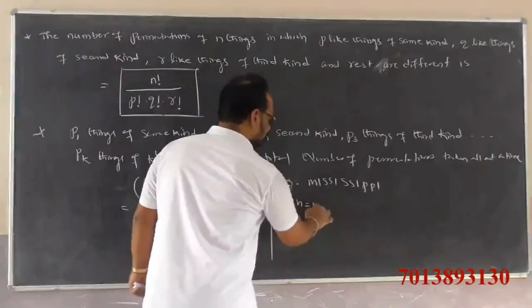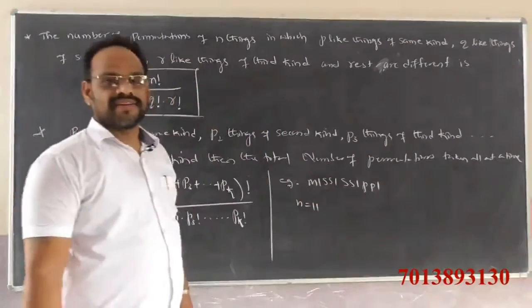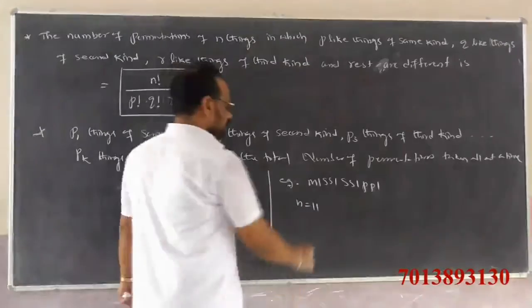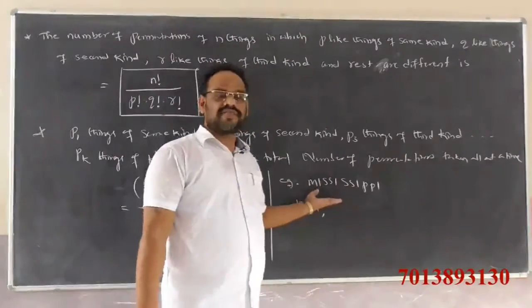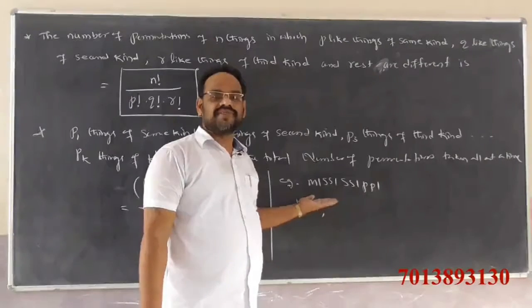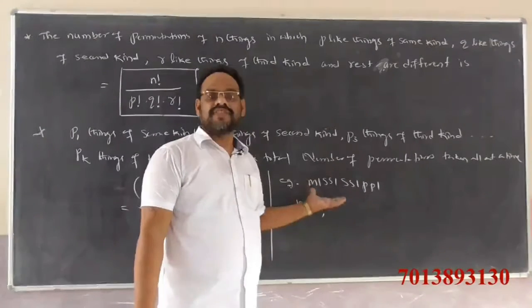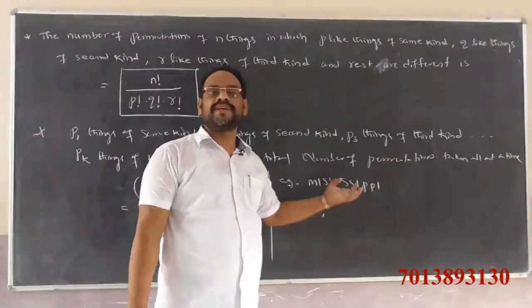Clearly, n is equal to 11. Taken all at a time, we want the number of linear permutations of the word Mississippi.